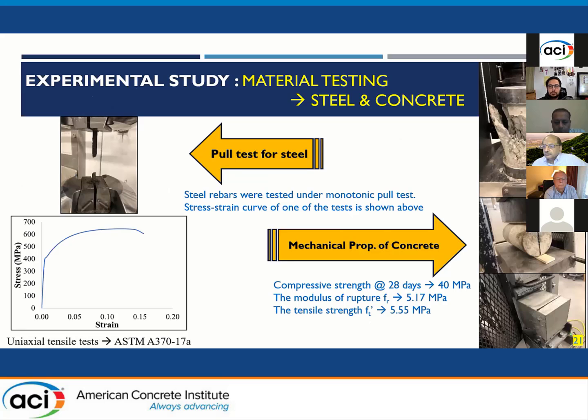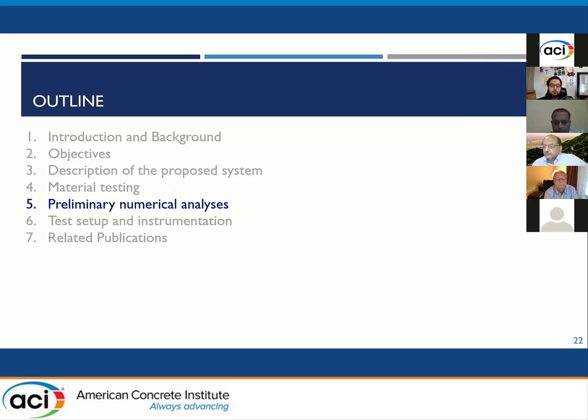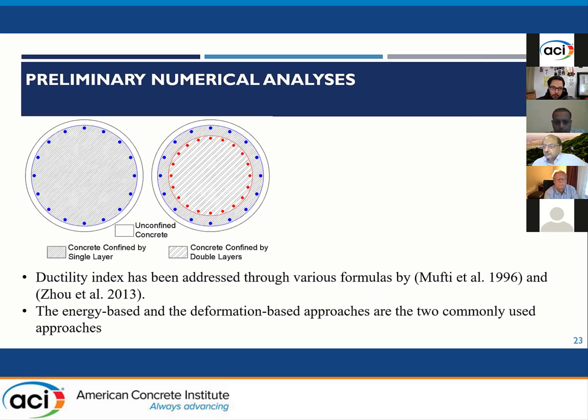The standard material testing for steel and concrete has been conducted. Moving to the numerical part, we have our conventional section and we have our hybrid section. For the hybrid section, the behavior is different because FRP doesn't have a yield point, so we could have different approaches to defining the ductility.